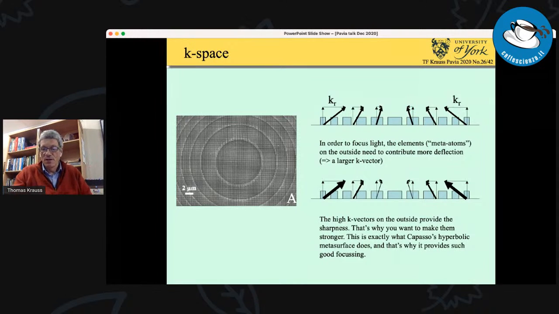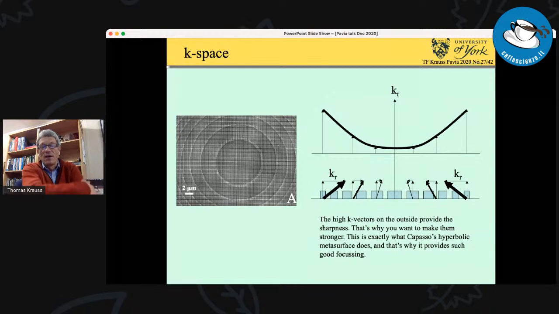Now, what's the problem? Oh no, I'm just drawing this in this sort of strength-of-k-vector graph; the problem comes on the next slide. So I've got the k vectors, and I'm saying the outside k vectors are stronger than the inside ones. And I'm just drawing this as a parabola here. Now, what is the problem?